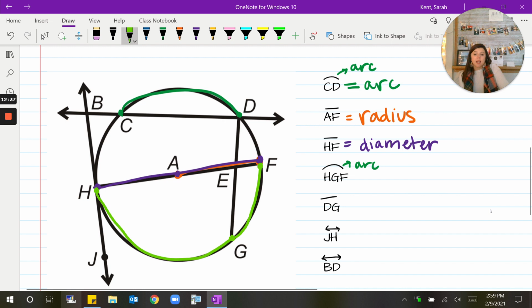So since we're going diameter to diameter, this would be a semicircle. D to G, it wants a line. So here I see D, here I see G, and if I look at this line, what vocab word would this be? This would be a chord. It is all inside, and there is no center, so it is a chord.